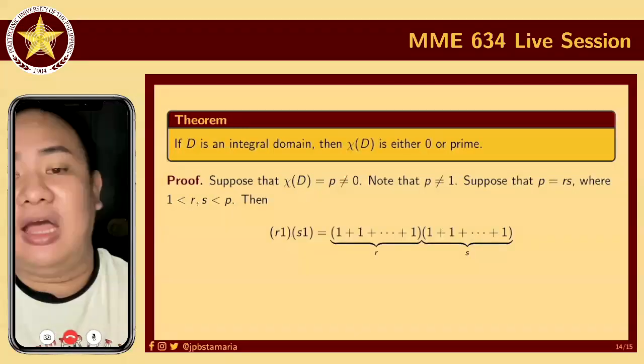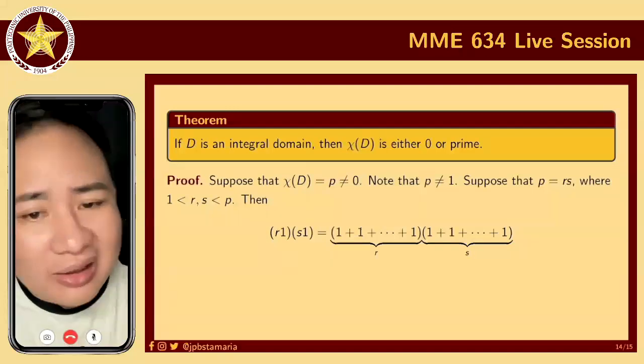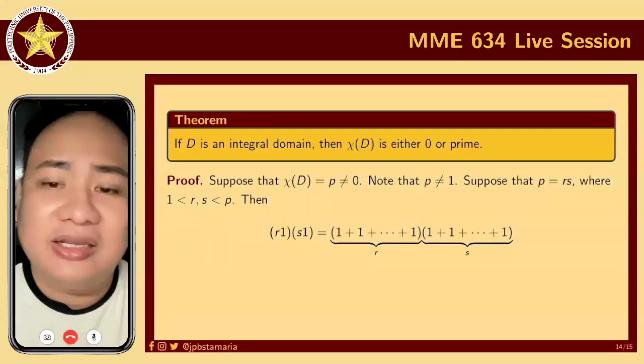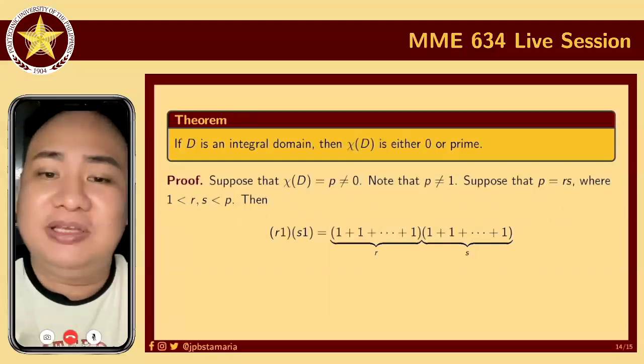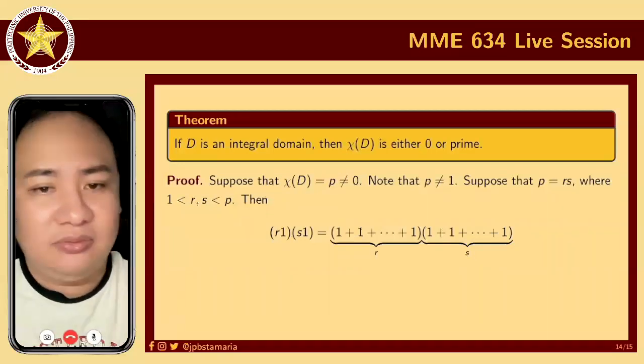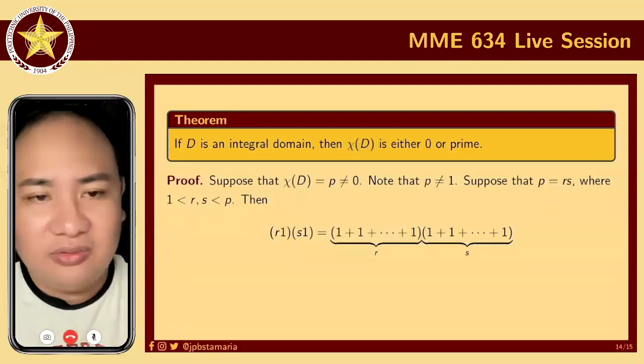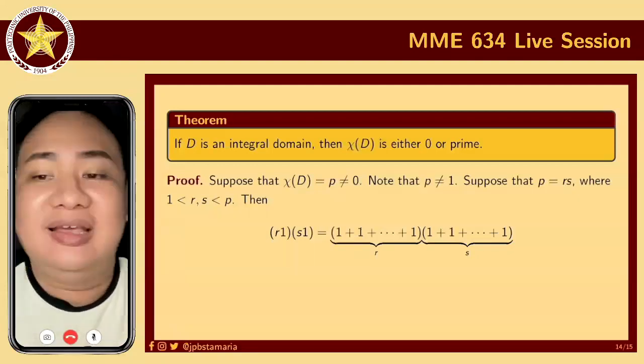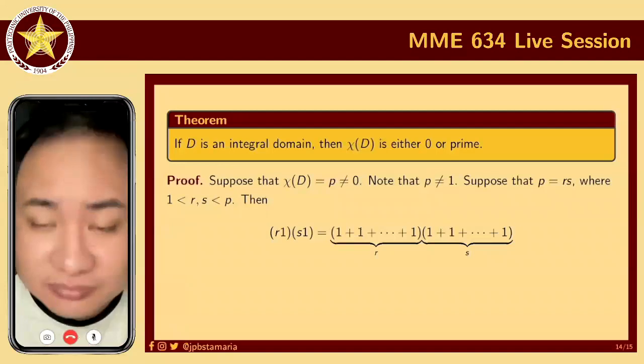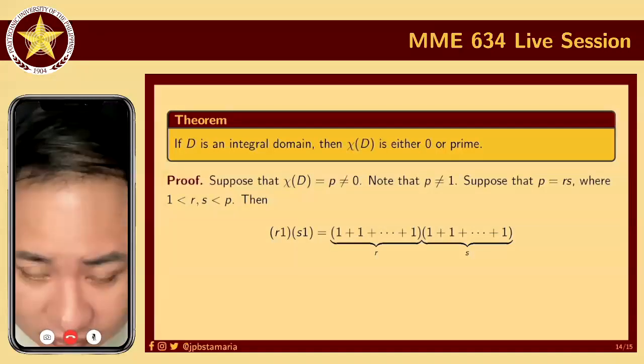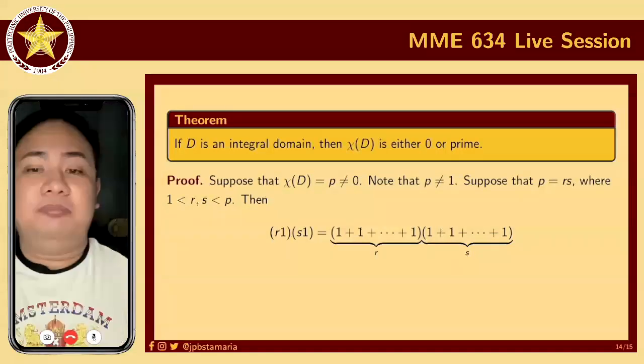Ito yung mangyayari. When I look at R1 times S1, ang isipin ng R1, by the way, is just 1 repeated R times. When I say S1, it's 1 plus 1 plus 1 plus 1 repeated S times. Now, applying distributive property, ano mangyayari dyan?